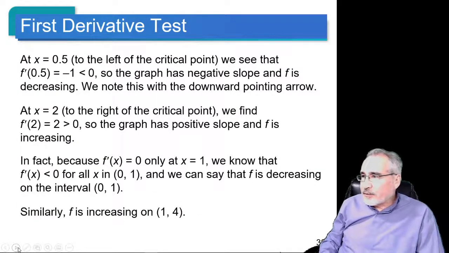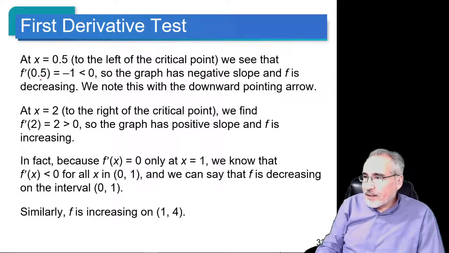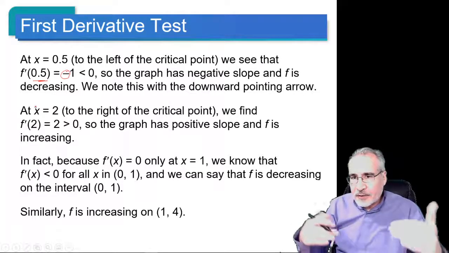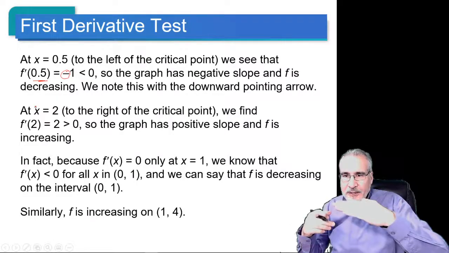So first derivative test, and again, this just walks you through it. They find the function, the value, not the function value, but the derivative value at a point to the left. And again, there's nothing sacred about 0.5. It's just any point to the left. We could have gone to 0.25. What we would find, though, is the way derivatives work, because if you've got a 0 derivative, you know it's either a minimum or maximum.